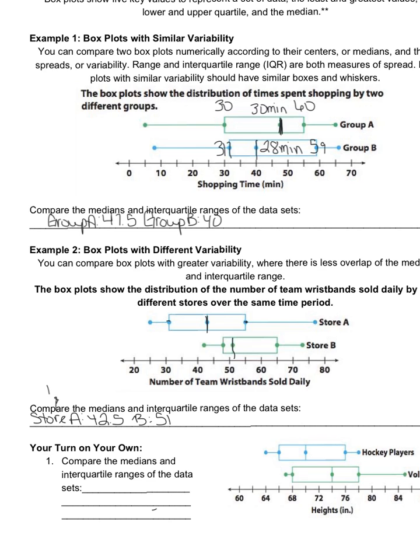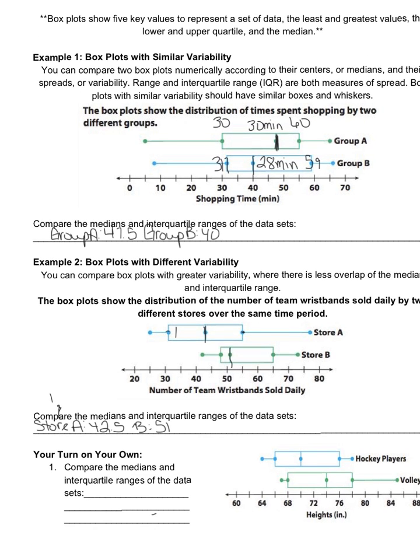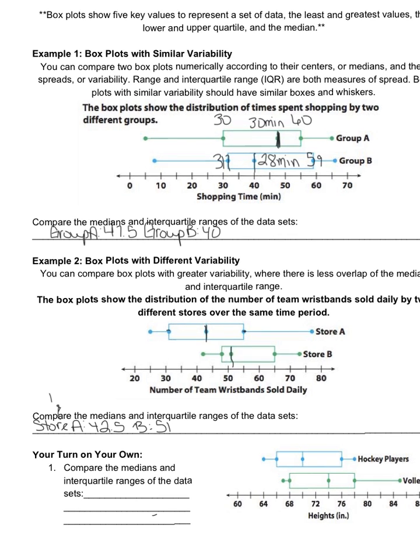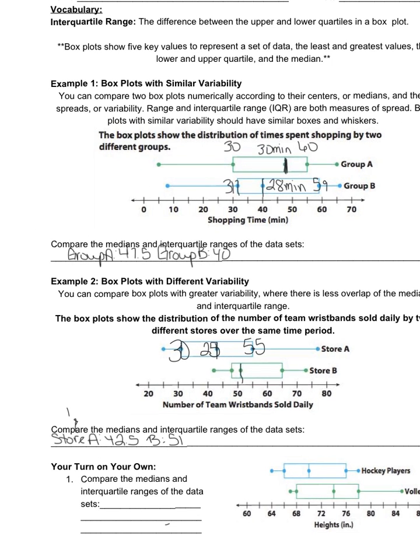So for store A, it is from 30 to 55. So that is a range of 25 wristbands in this case.